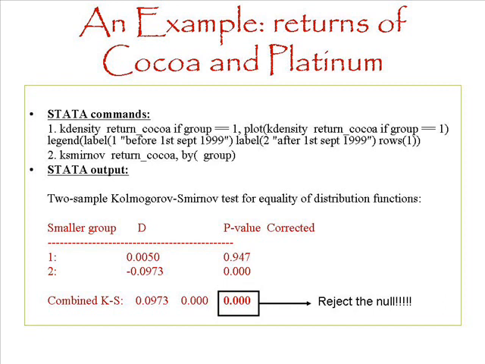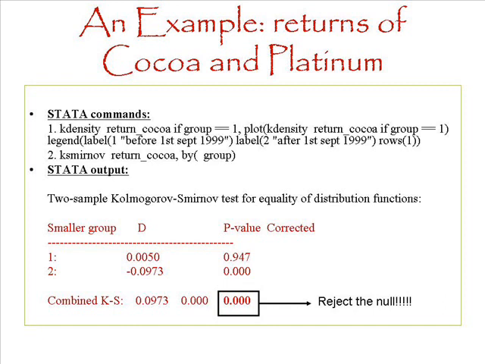If you want to take a look at my previous video, you can learn something more about the kernel density estimation. Basically, what this example shows is that if you divide your time series of returns into two subsamples, for instance, here I divided the returns from 1990 to 1999, this is the first group, and from 1999 to 2008, this is the second group.